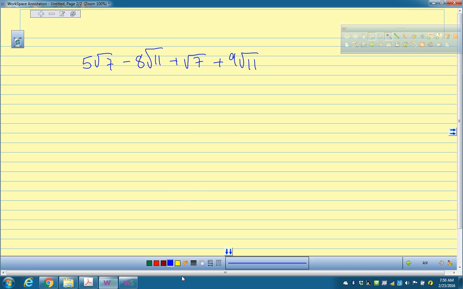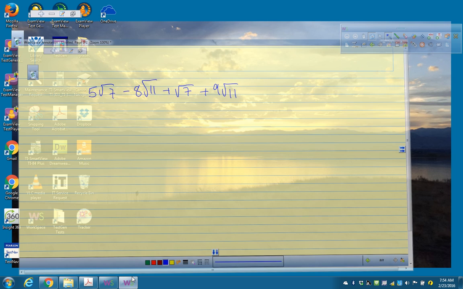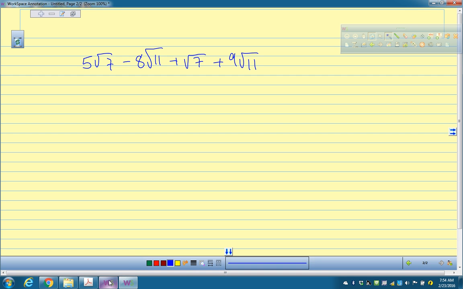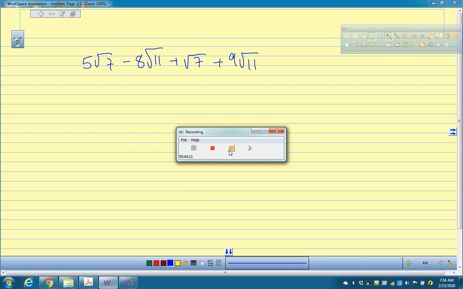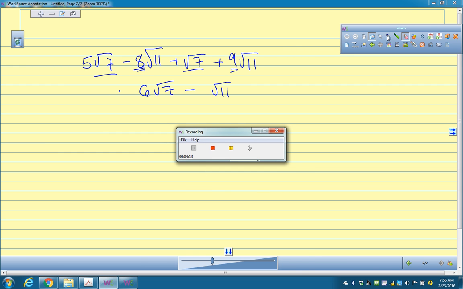So remember, you can only add together the like terms. What am I looking for? So yes, if I combine the like terms, I get 6 root of 7 plus root of 11. Okay, so moving on, that's easy, right?